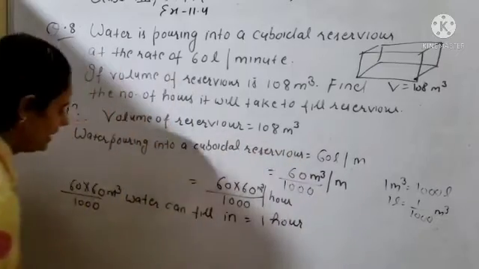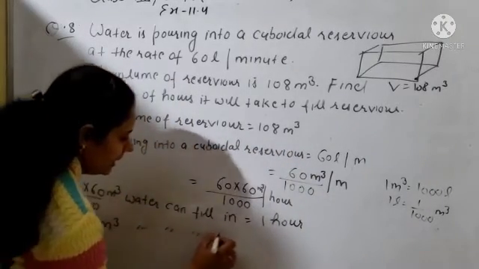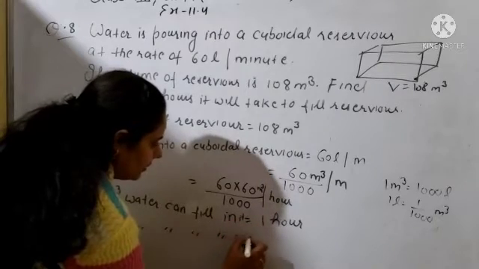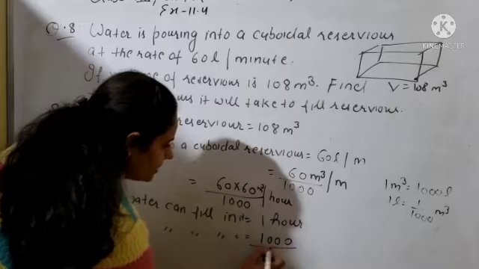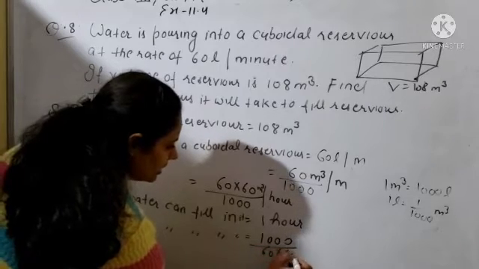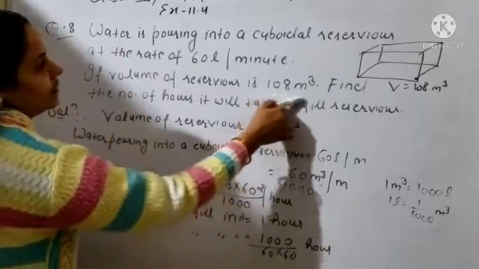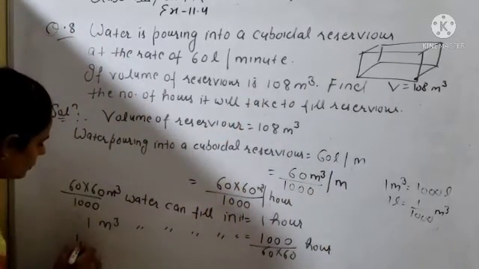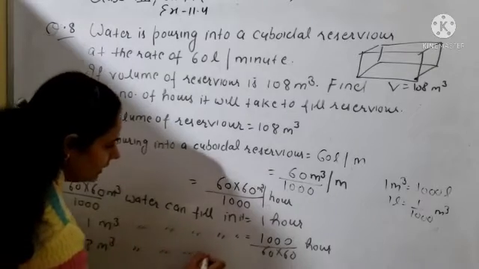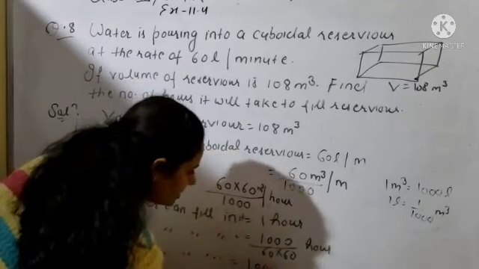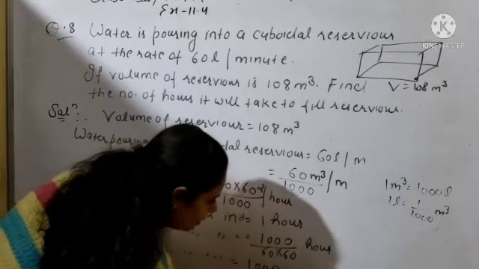In how many hours? 1 hour. So 1 meter cube of water can fill in it, it will be 1 upon this. So it will be 1000 upon 60 into 60 hour. And now how much water do you have to find out? 108 meter cube. So 108 meter cube of water can fill in it. So it will be 1000 upon 60 into 60 multiplied by 108.